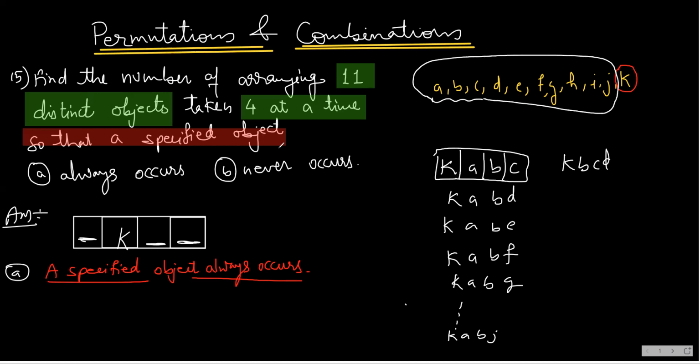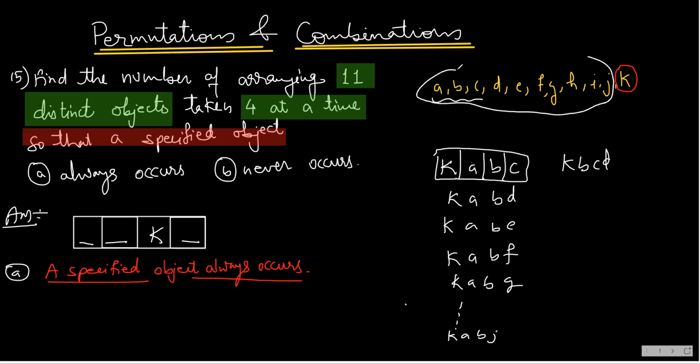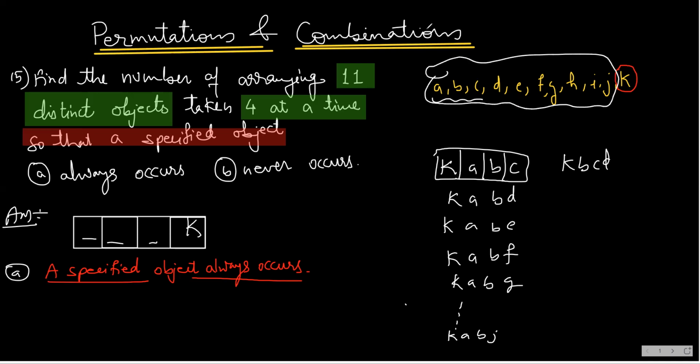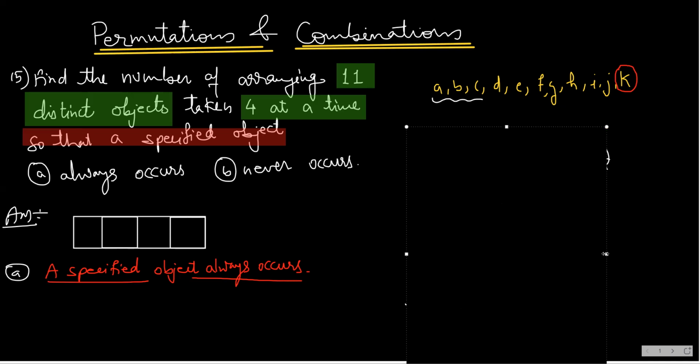Then there is a possibility that K is at the 3rd place. The remaining 3, 1st, 2nd, and 4th, will be filled by the remaining 10. Then K can be at the 4th place, and the remaining 3 will be filled by the remaining 10. So we are going to have different cases, and using those cases, we are going to solve the problem.